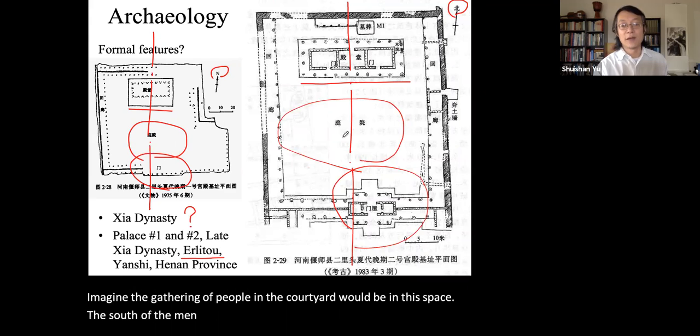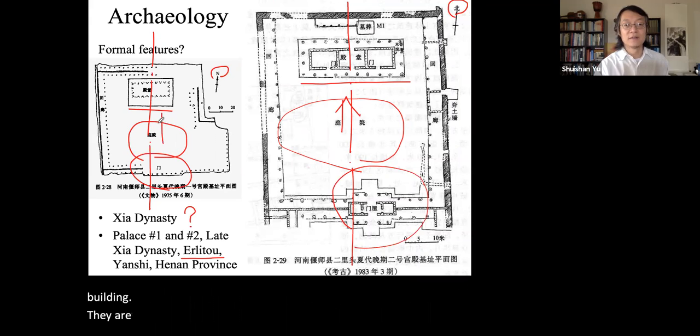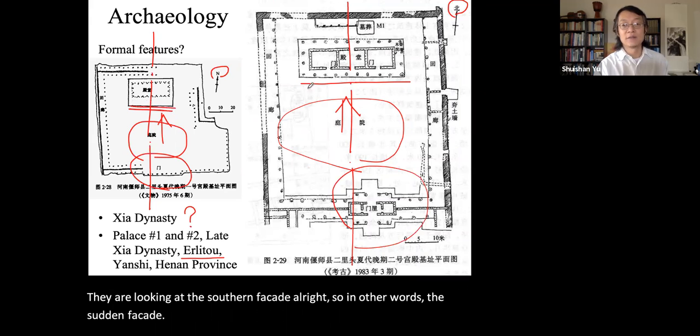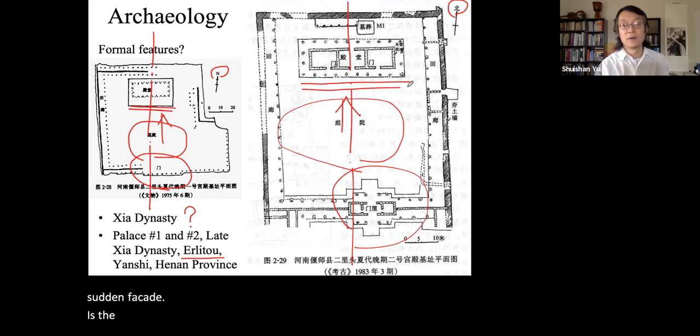And in that way, when they look at the building, they are looking at the southern facade, right? So in other words, the southern facade is the main facade of the building. It is the face. It is facing people. It is to be looked at.